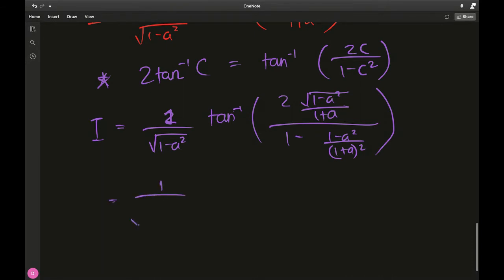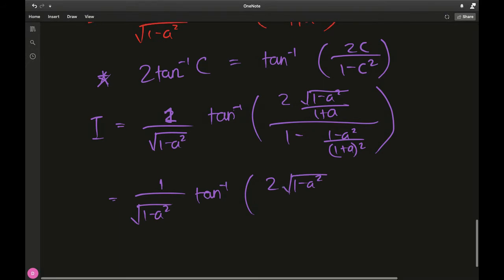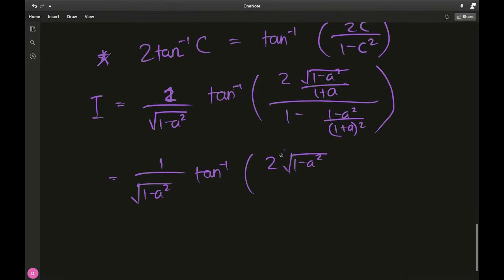And we can simplify this to inverse tangent of, well, it looks like these denominators can simplify a little bit. So we have 2 times square root of 1 minus a squared divided by 1 plus a.